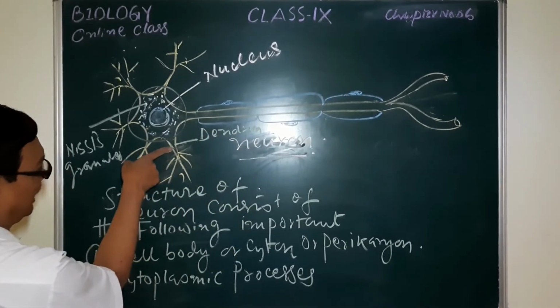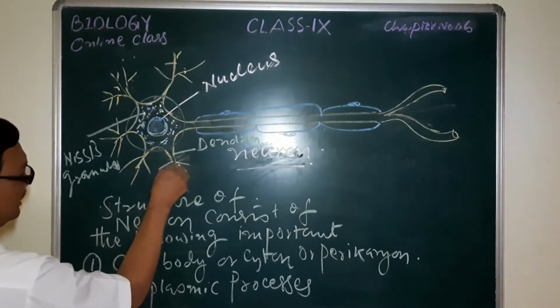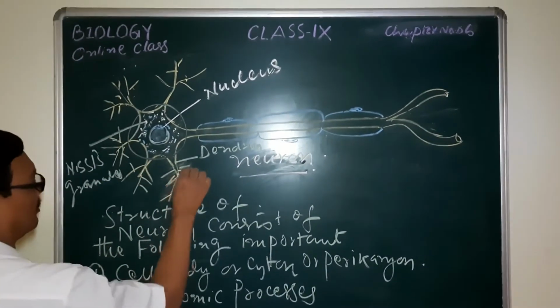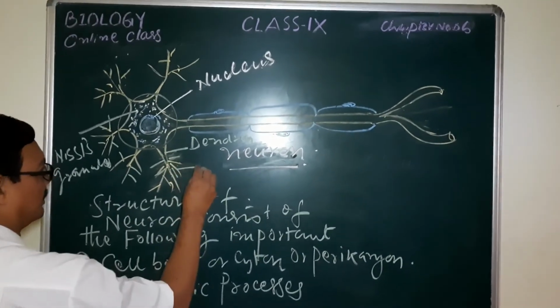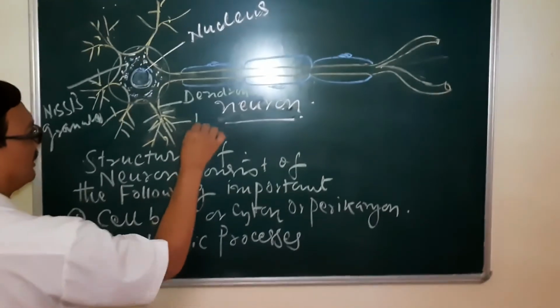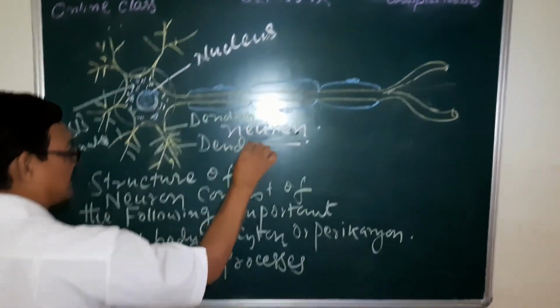But you may see here there are branches. So these branches of the dendron, if there are branches, then that type of dendron is known as dendrites.